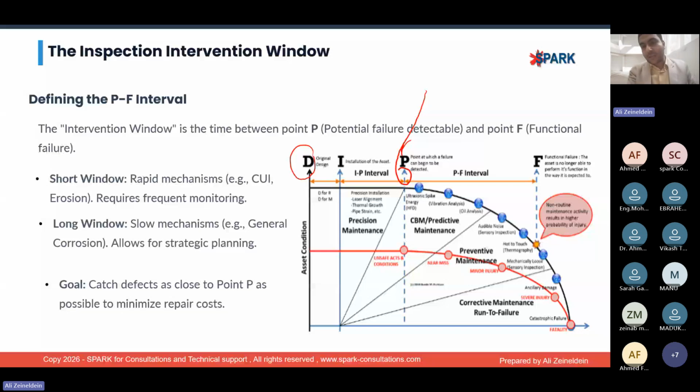Then reaching this point, the degradation point, until reaching this location or this point, the fatality point.